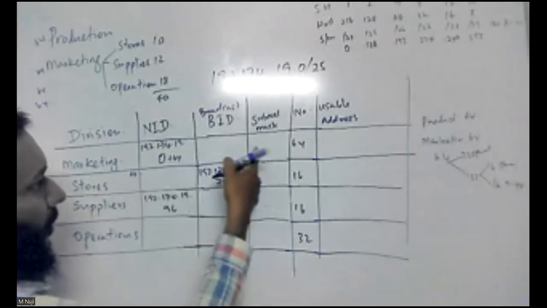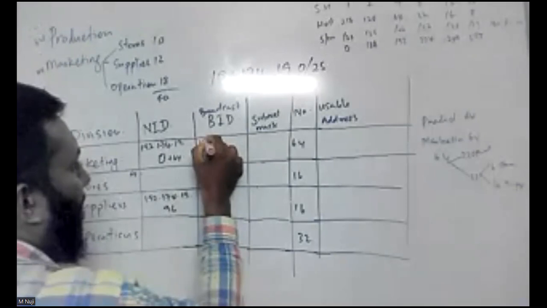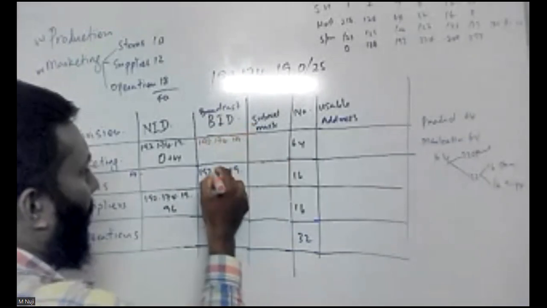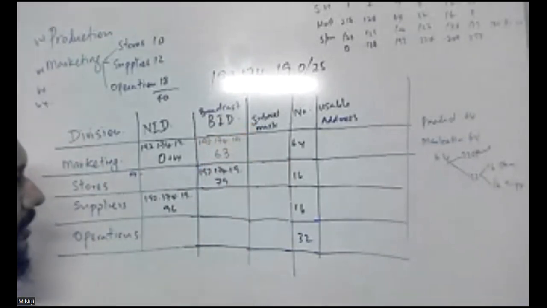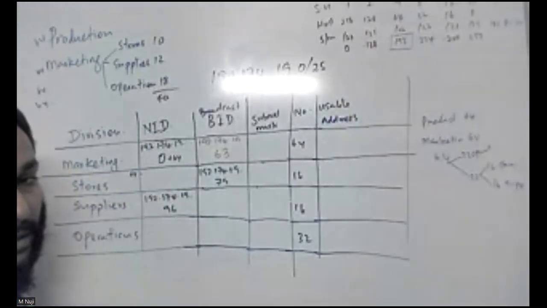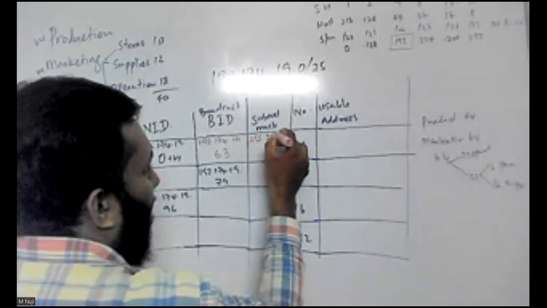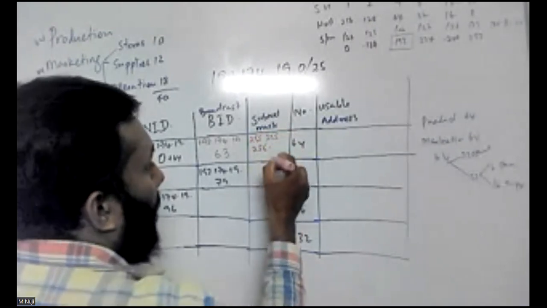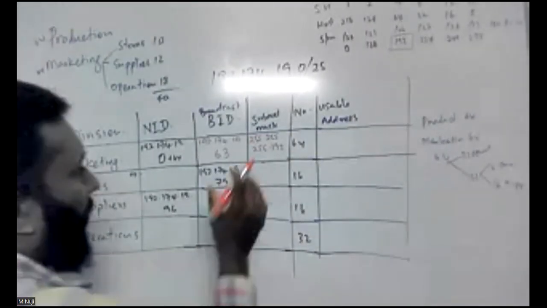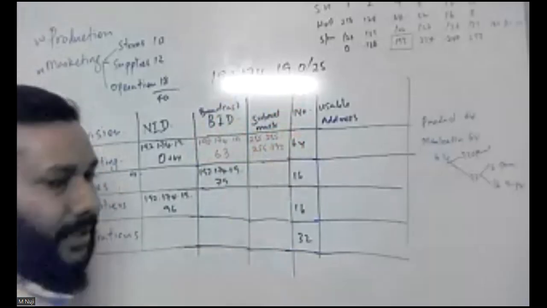If it is a 64, then your broadcast number, I'll use the red color, is 192.174.19.63. The subnet mask is 255.255.255.192. So this is your broadcast ID and this is your subnet mask.